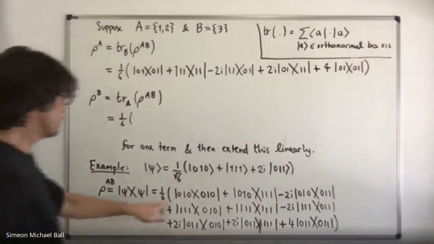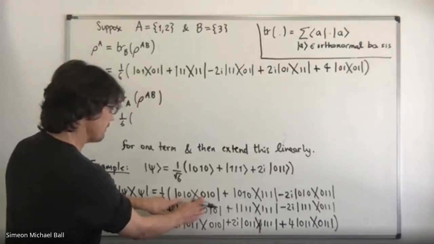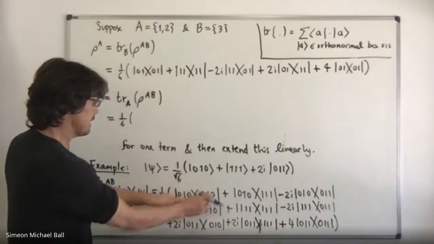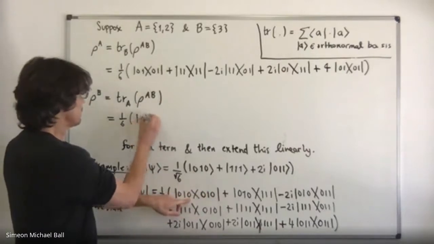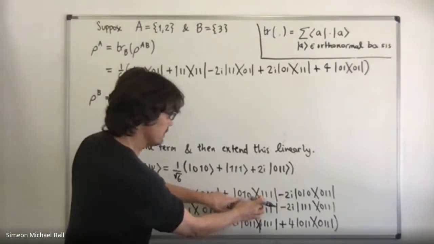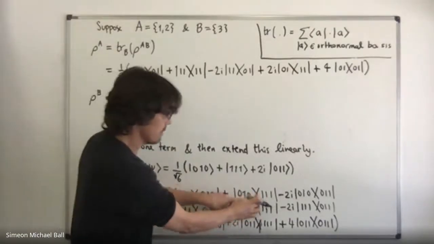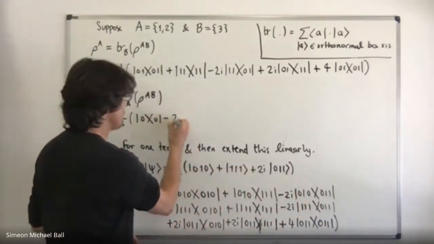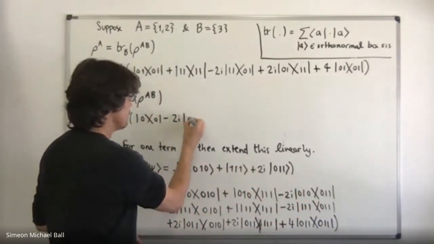So let's just do that here. Here we have 0, 1, 0, 1, so that's going to survive in the trace. I'm going to trace over the A, and I just get left with 0, 0. Here, these two first qubits are different, so that's going to be 0 in the trace. This is going to survive and give us a minus 2i 0, 1.